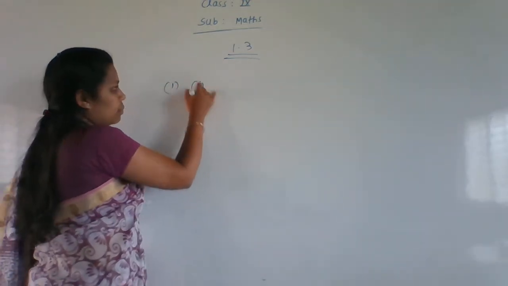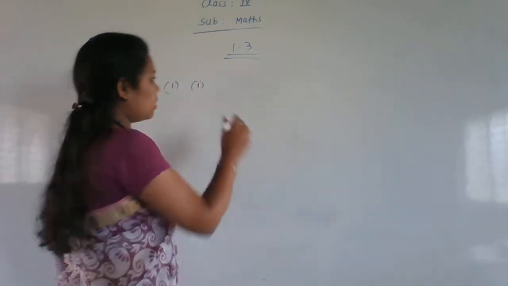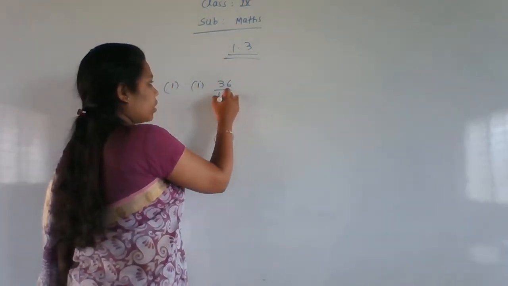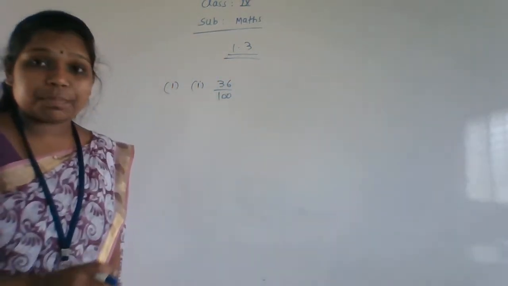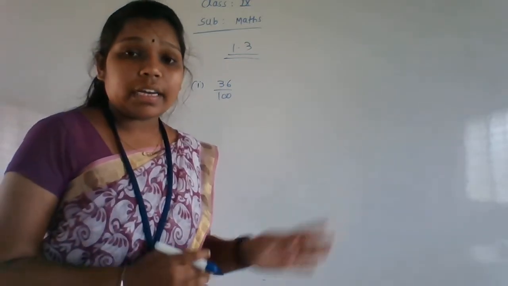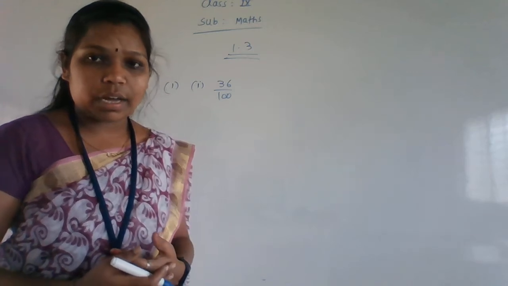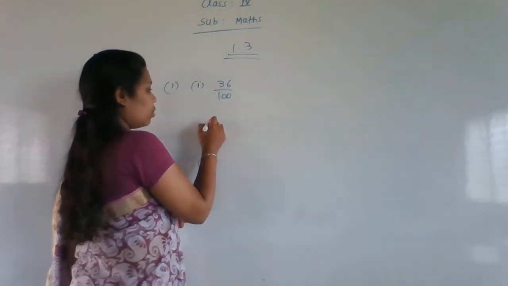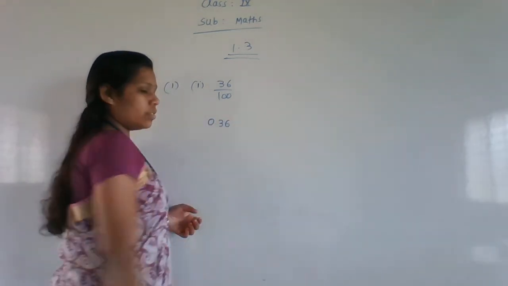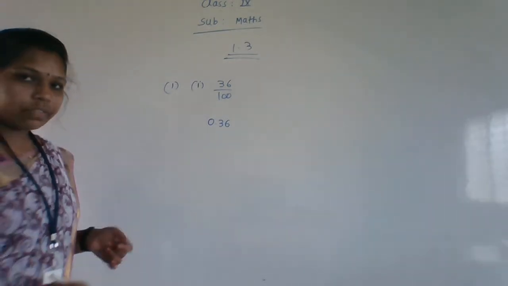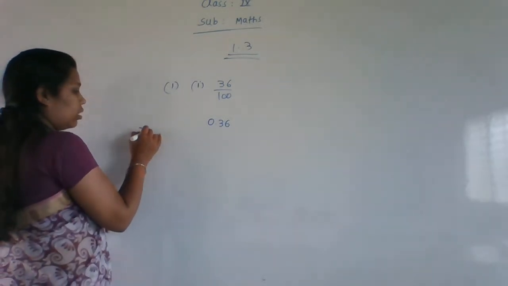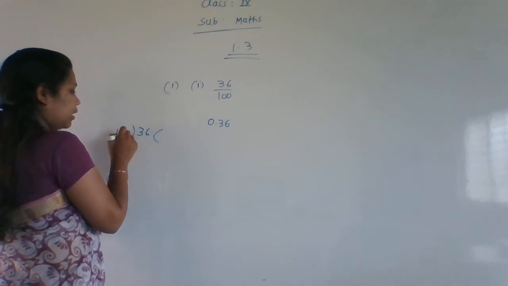In the first problem, that is nothing but 36 by 100. You have to write the decimal expansion of the given number, and you have to write what kind of decimal expansion it is. So it is nothing but 0.36, right? If you want to do the division, then do the division. 36 by 100.